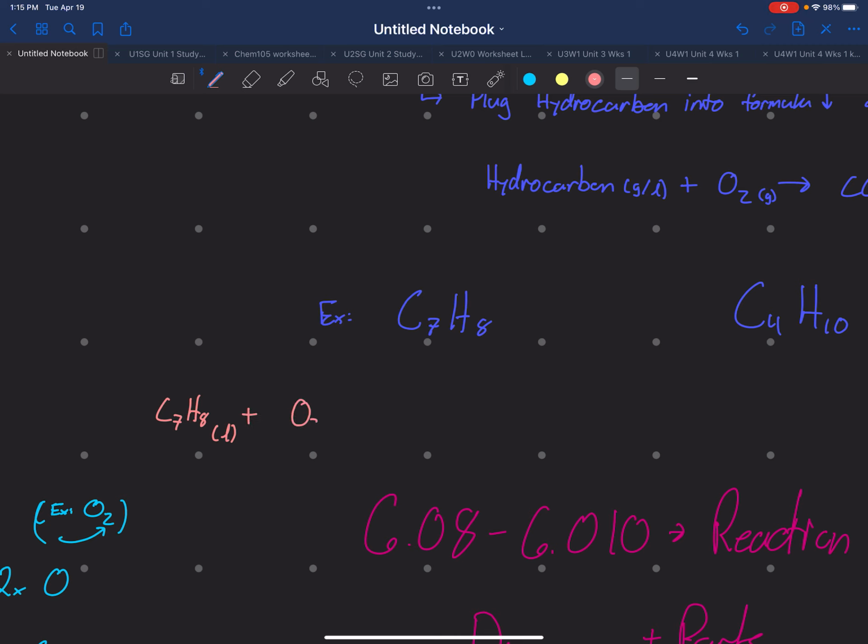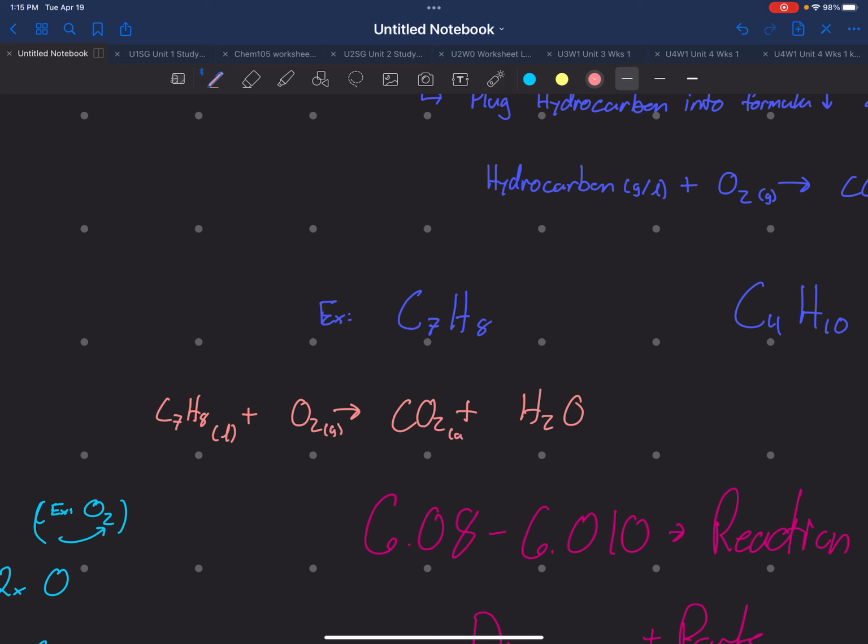Plus O2, and that's if there are no OH groups and stuff, but we'll just best guess it, to be honest. It's a partial point for the phase labels, so I don't know why I'm worrying too much. Leads to CO2 plus H2O. Okay.